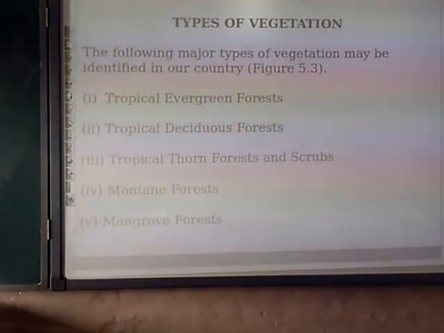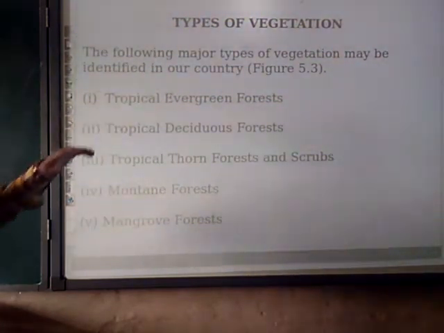In figure 5.3, we are going to see tropical evergreen forest, tropical deciduous forest, tropical thorn forest and scrub, mountain forest and mangrove forest. So let's move to figure number 5.3.